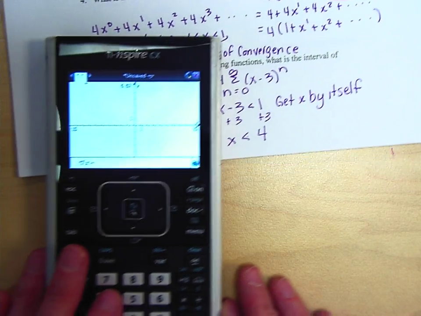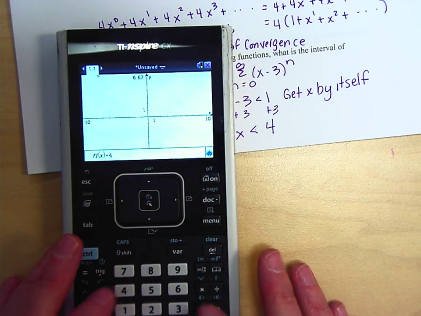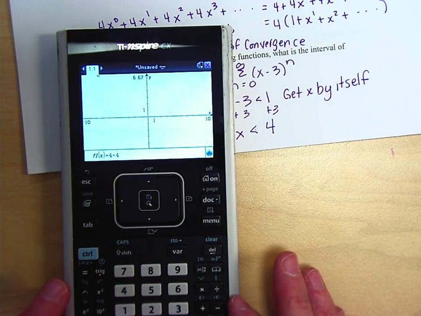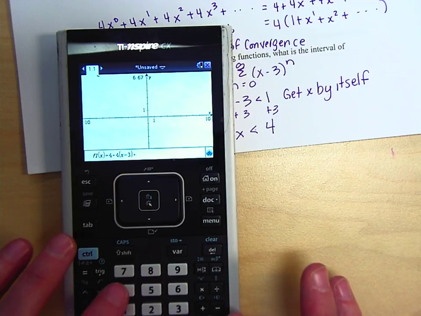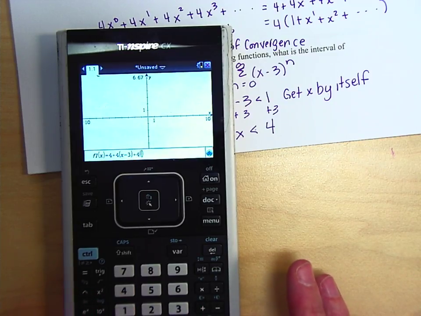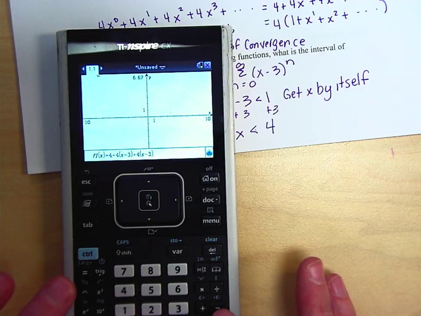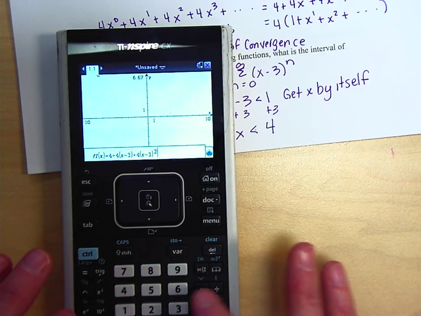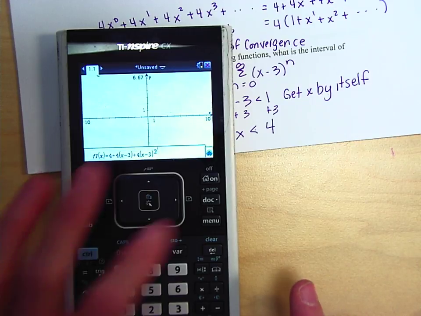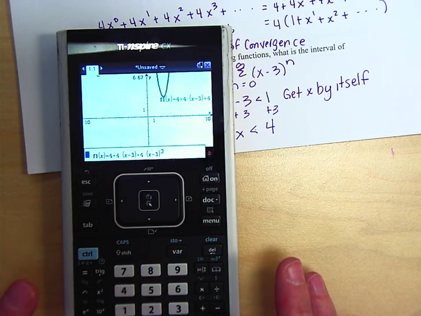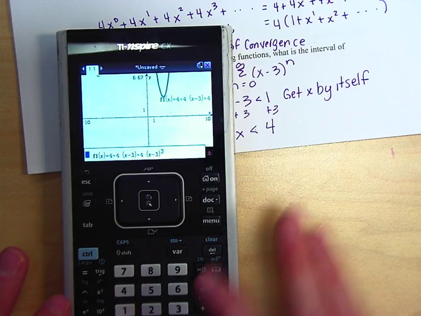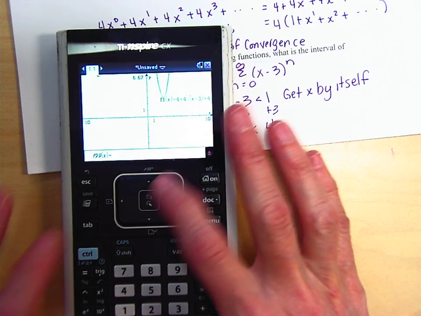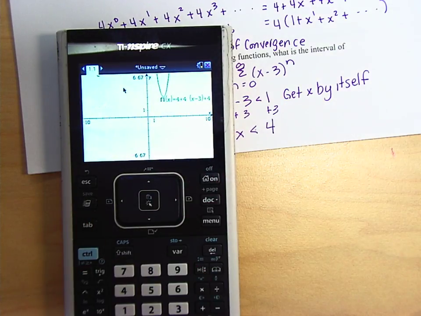So that would look something like 4 plus 4 times the quantity x minus 3 plus 4 times the quantity x minus 3 squared plus 4 times the quantity x minus 3 cubed. I'm going to go ahead and stop my video.